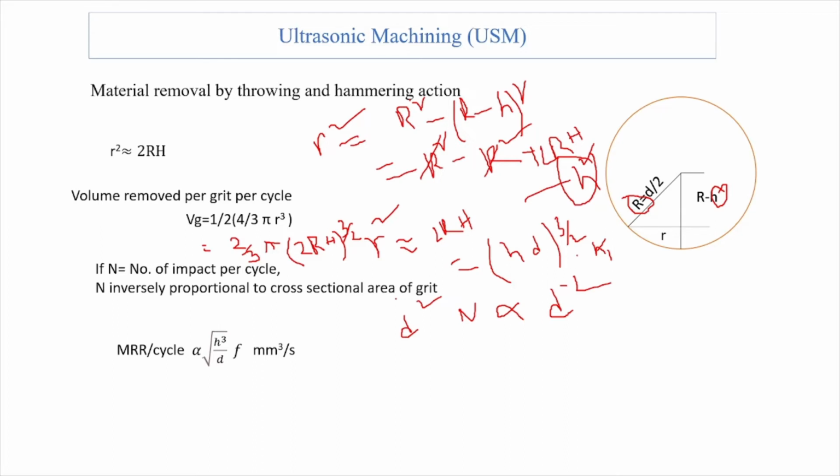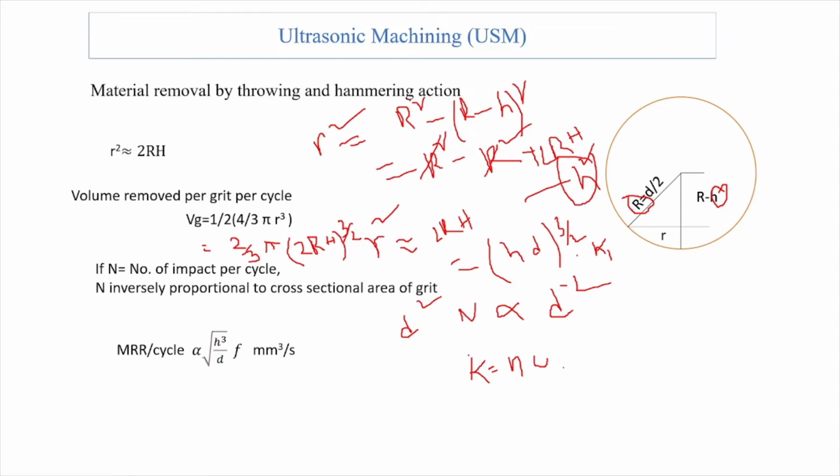But now the question is, while machining or removing material, will every grid be active? We can even use probability here, and we can denote by K the number of abrasives, or grids, which are active, or which hit the workpiece and remove material, right?